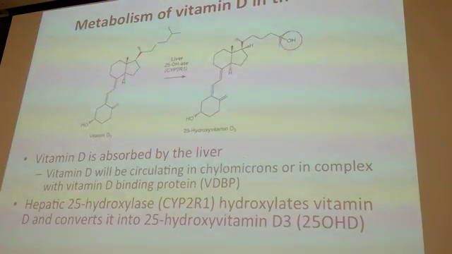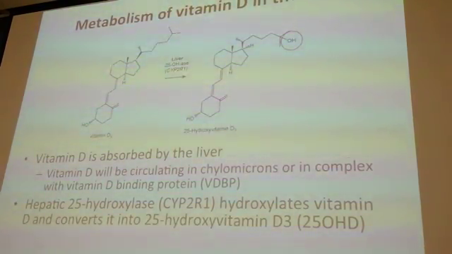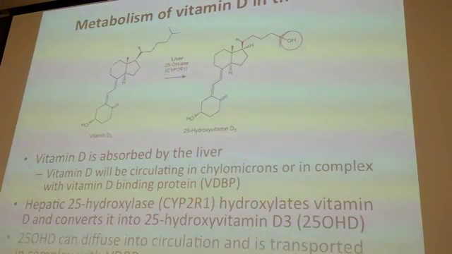It's going to do what it sounds like: hydroxylate the 25th carbon in this molecule. So we have addition of one hydroxyl group. This is really an efficient reaction and is not regulated. So the amount of 25 hydroxy vitamin D is going to correlate simply with the amount of vitamin D intake, either from synthesis in our skin or through our gut.